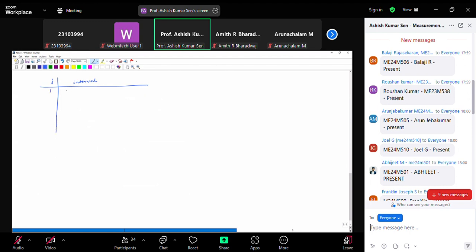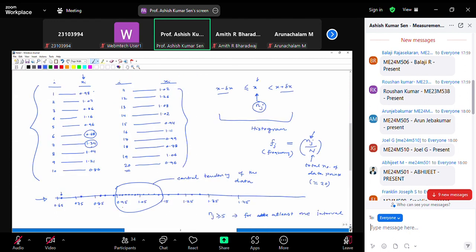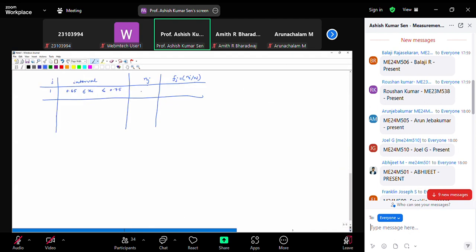So the first interval, let's say, is 0.65 less than or equal to xi less than 0.75, then my nj, and then I also write fj, that is equal to nj divided by N. If I go to the data, I can see that between 0.65 and 0.75 I have only one value, so nj equals 1.